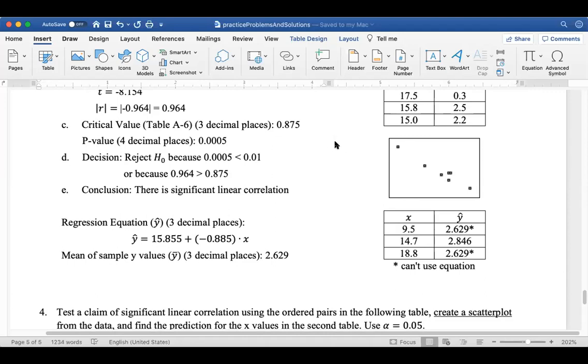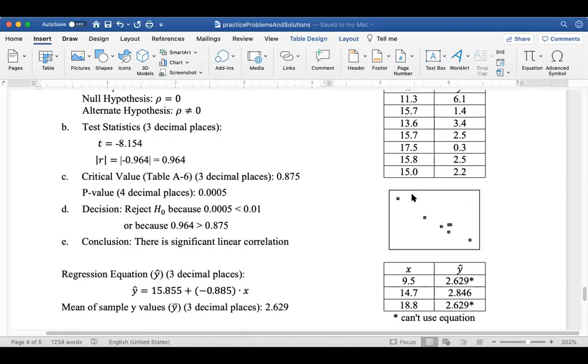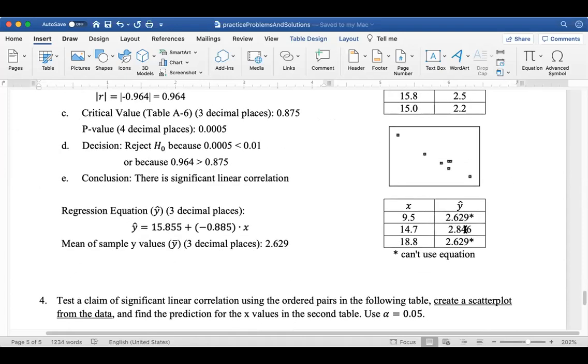We can't make a prediction. 14.7 though is within those bounds, and so we use the regression equation, and this is the value we end up getting, 2.846, if we substitute 14.7 in here.